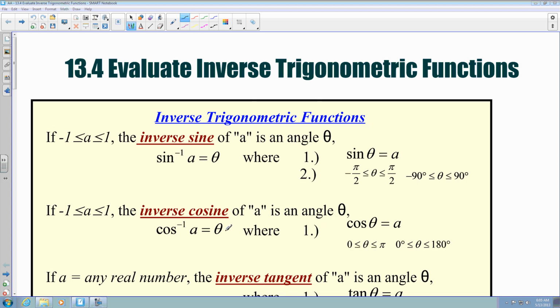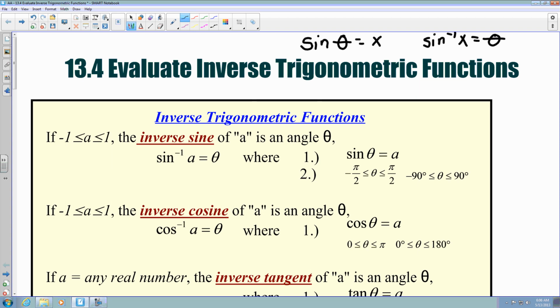For example, if I write sine of theta equals something, let's say x, inverse sine would be written like this, where you punch in what x is, and then it would equal theta.